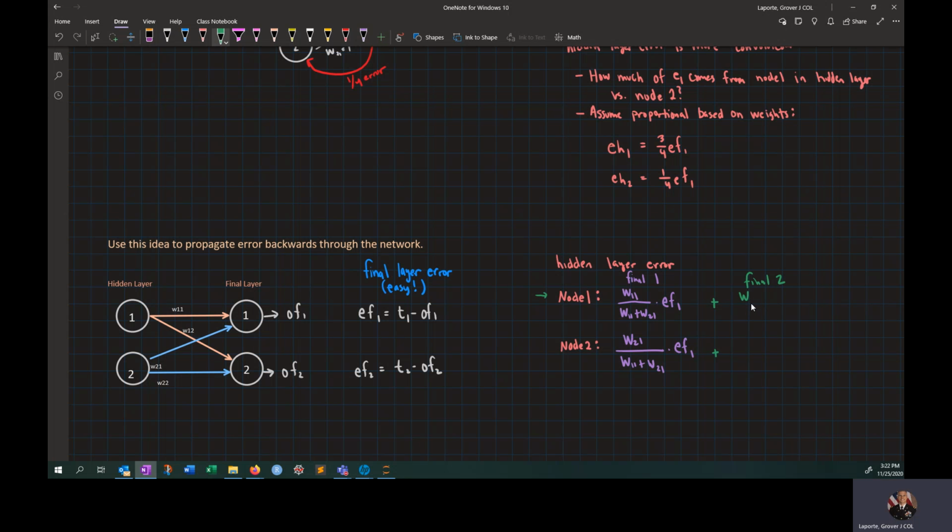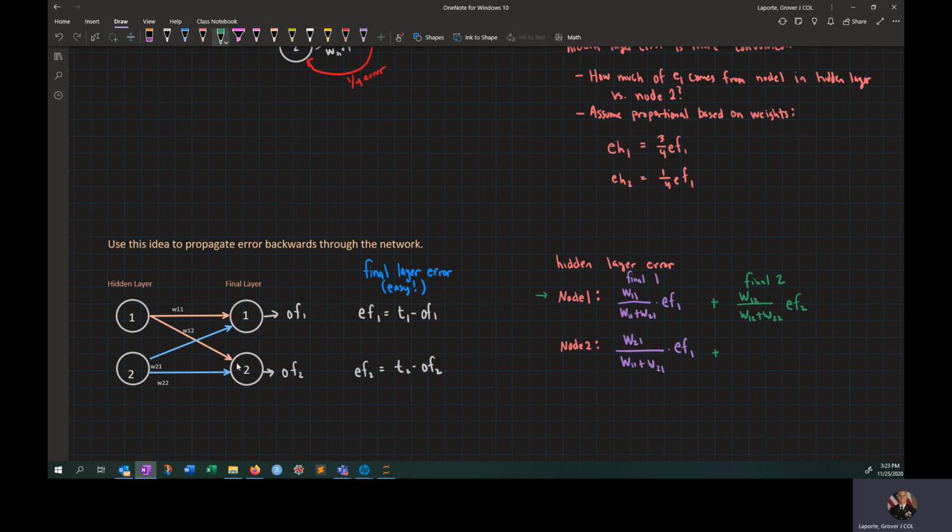So W12 is in the numerator, and then W12 plus W22 is in the denominator. It's horrible. Two W2's in the denominator, and all of that multiplied by EF2. Again, EF2 is the amount of error in here, but we're attributing a proportion of that back to hidden layer 1, and that's what we have here, that W12 over W12 plus W22.